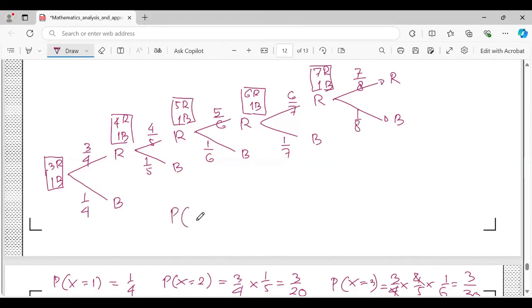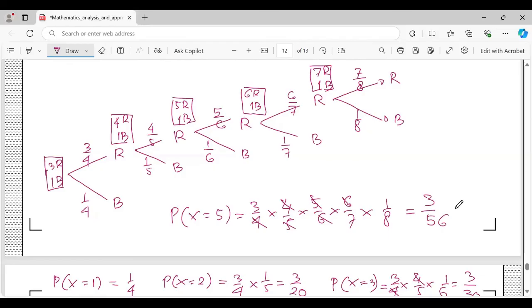So probability x equals 5 equals 3 over 4 times 4 over 5 times 5 over 6 times 6 over 7 times this one, because to select B, 1 over 8. Cancel. I get 3 over 56.